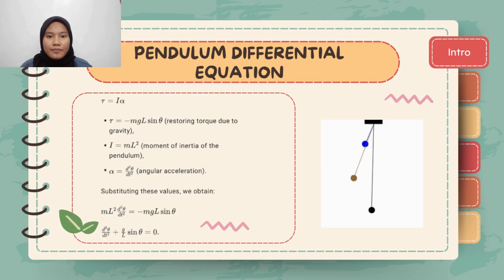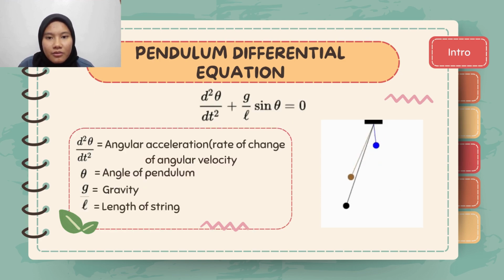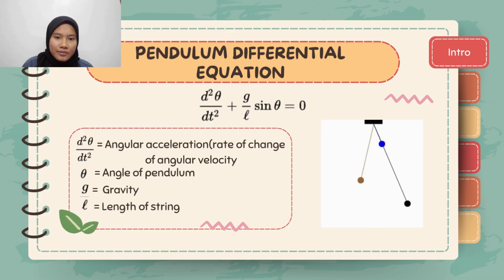We rearrange this equation, and then we get the differential equation, which is d squared theta over dt squared plus g over L sine theta equal to 0.